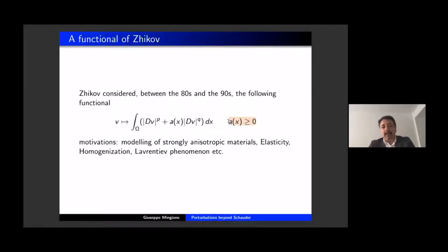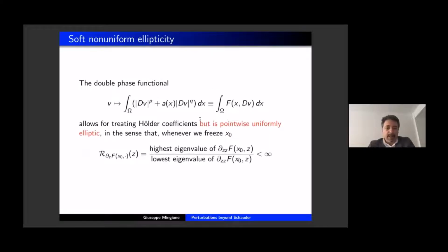Now, let's see the difference between the pointwise ellipticity ratio and the non-local ellipticity ratio. If you do consider the pointwise ellipticity ratio, then you see that this functional is perfectly uniformly elliptic in the classical sense. So at every point, this stays bounded, and actually the constant that you can put on the right-hand side is even independent of x.